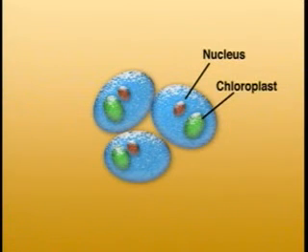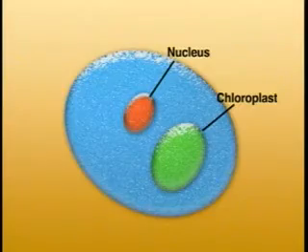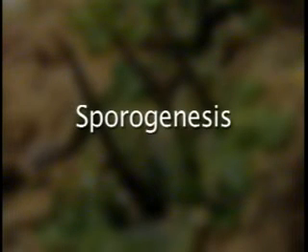Each cell contains granular, denser cytoplasm, a distinct nucleus, and a chloroplast. The young spore mother cell increases in size, separates from other cells, and becomes spherical in form. Finally, each of these undergoes meiosis to form the haploid spores or meiospores. This process is called sporogenesis.